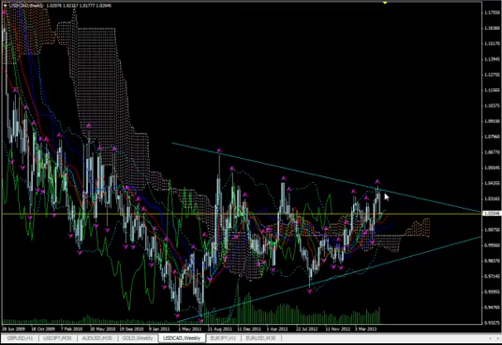So we expect that if this corrective move, this bearish wave now, continues going down, perhaps it will not go further lower than the border of this line.